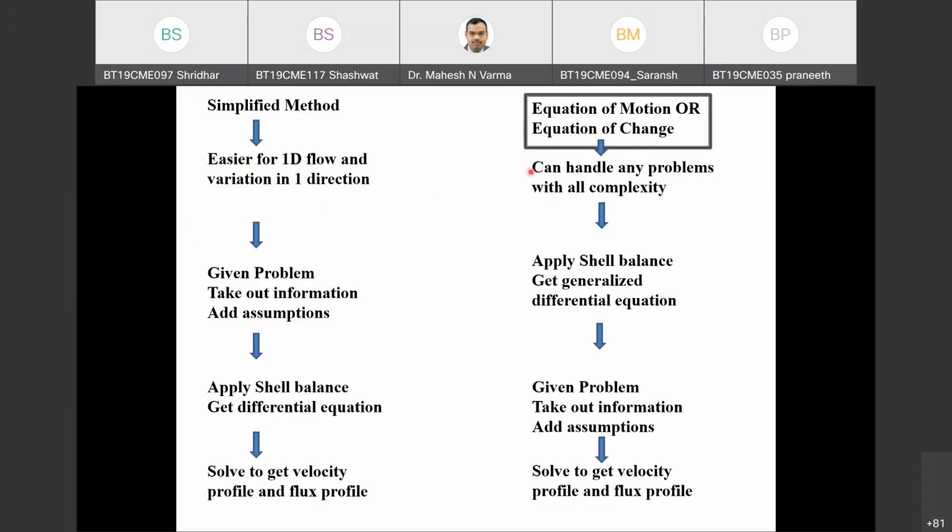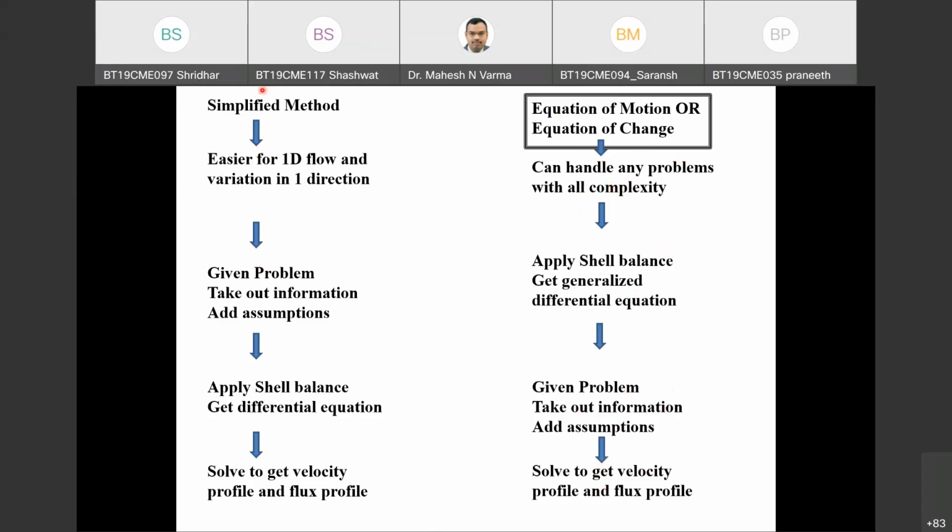But the equation of change is the same shell balance approach applied for a generalized form, actually all three velocities and all three directional variations. Once we get a generalized equation, we can substitute all these assumptions, and the same problem which we solved in the previous section can be solved using this. We can even handle a complex problem using the equation of change.